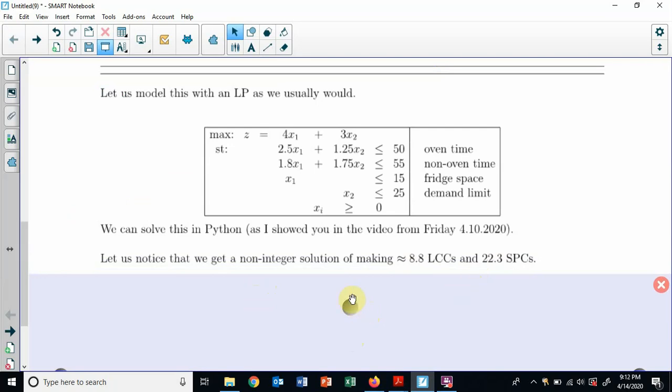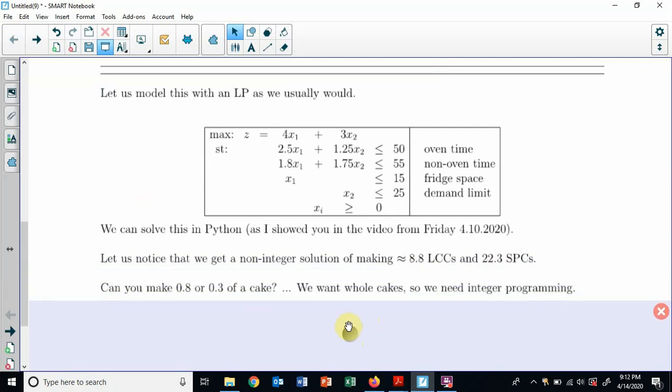Good, right? There's a problem. Do you really make 0.3 of a cake? Most people don't. Now, some bakeries make half cakes, but let's just pretend we only make whole cakes. I'm not going to try to rework the recipe. I'd have to refigure baking time. I'd have to do a lot of fancy stuff to figure out how to make 0.8 of a cake.